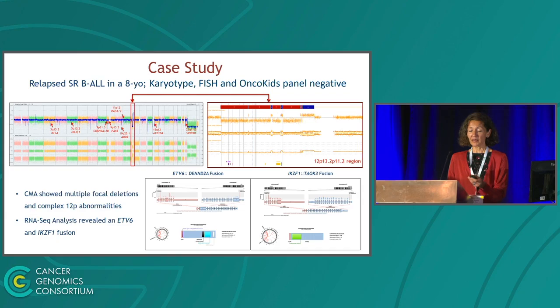CMA did show multiple small focal deletions and a larger deletion in the p arm of chromosome 12. When we did our RNA-seq fusion assay, it detected 2 fusions, one with ETV6 and the other with IKZF1. Neither of these are known recurrent fusions, so we still didn't know what the subtype was here or how to interpret the significance of these 2 fusions.